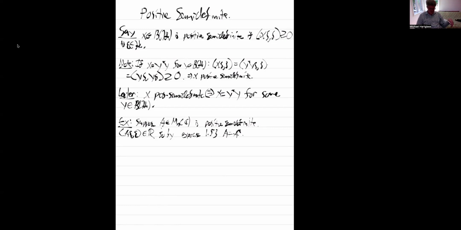And since it is self-adjoint, we know that A is diagonalizable since it's a matrix, so it has eigenvalues. And it's orthogonally diagonalizable.